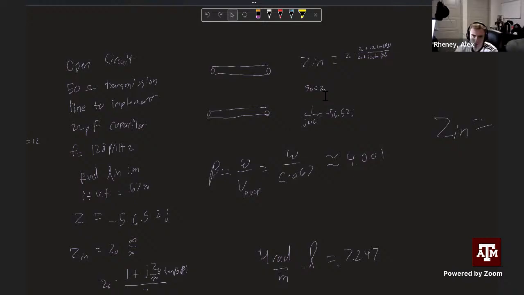Oh wait, no, pico is to the -12. Oh yeah. That, times 2 pi, would be my mistake. Yeah, negative 56.51 here. Okay, cool.